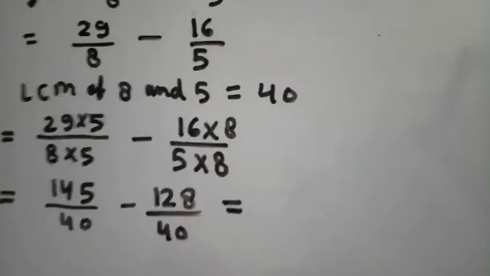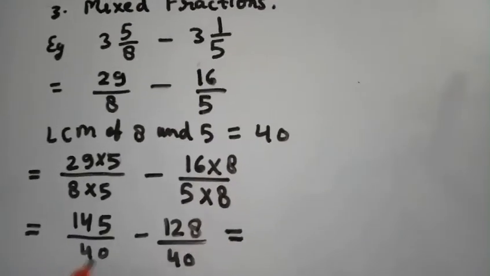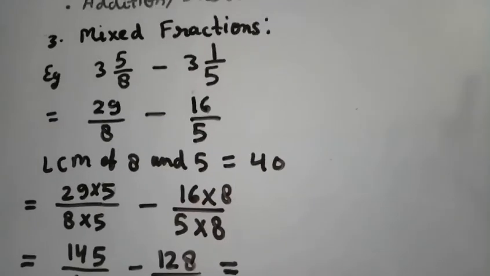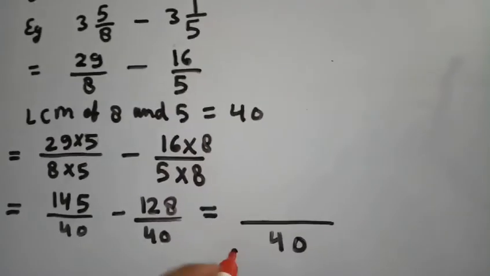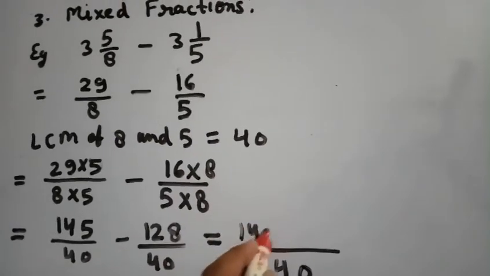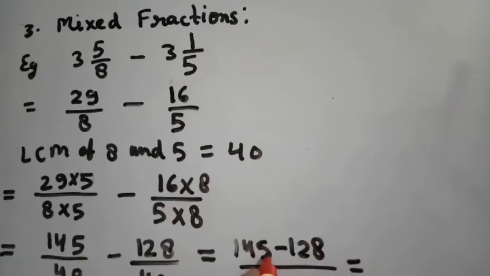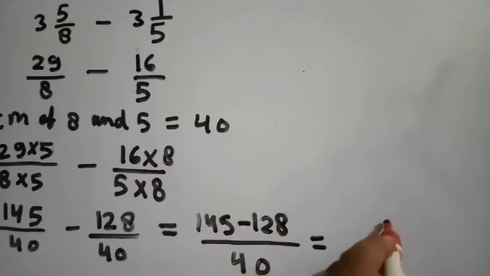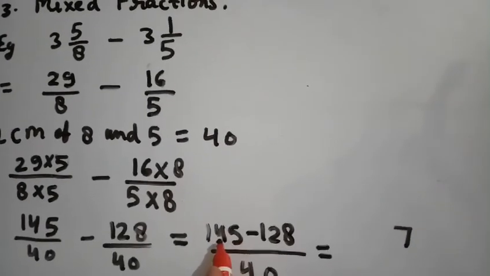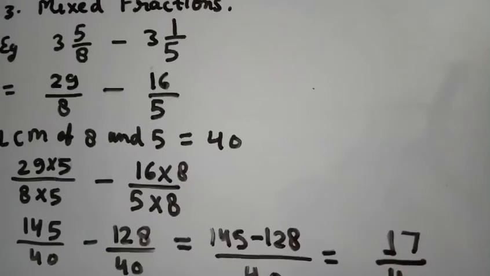Now these are like fractions. According to the rule of subtraction of like fractions, 145 minus 128 is equal to 17 upon 40.